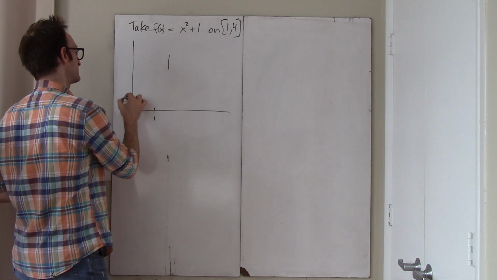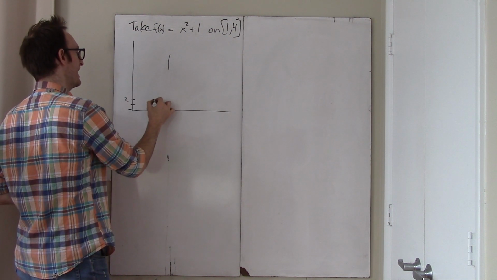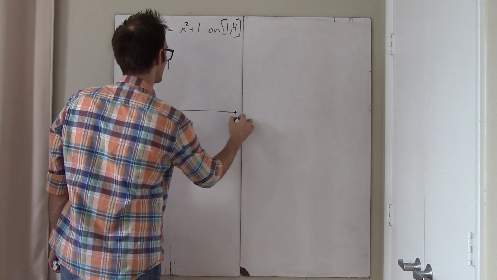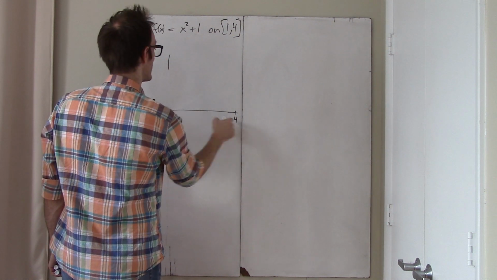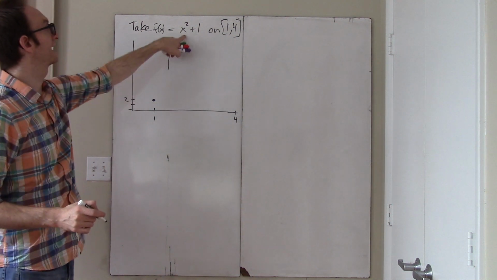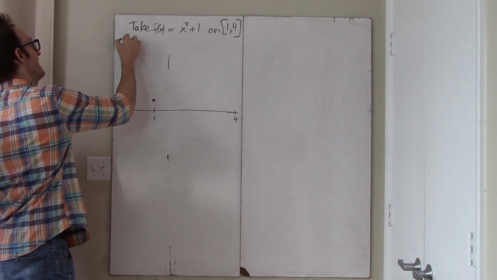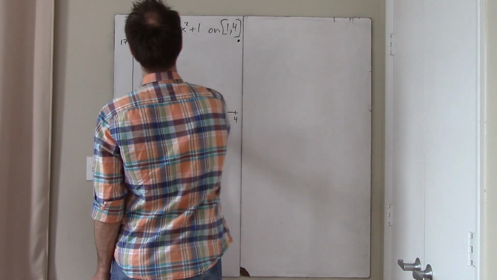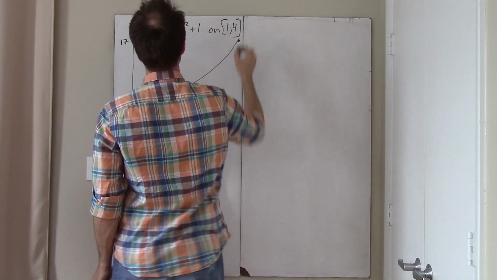So 1, 2. But looking ahead, because I've done this before, we're going to go all the way out here to 4. When I plug in 4, I get 17. That is reasonably accurate, or at least good enough for me.